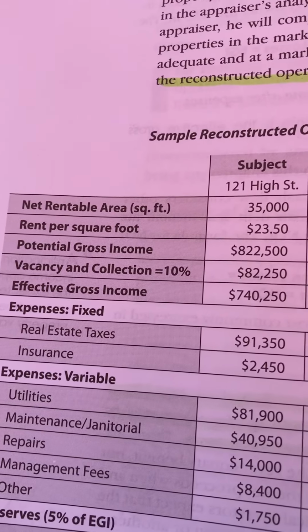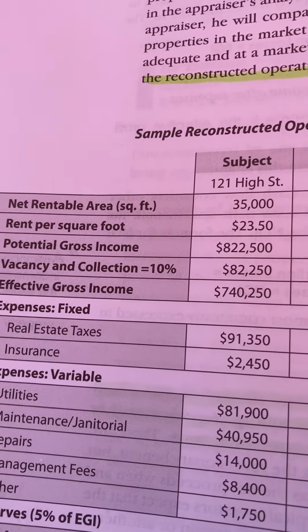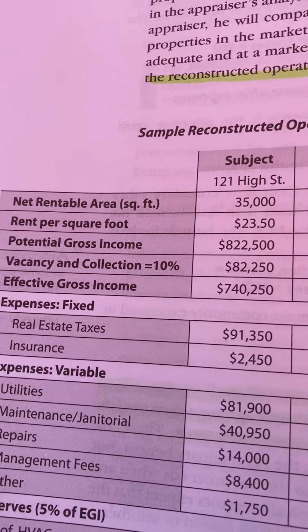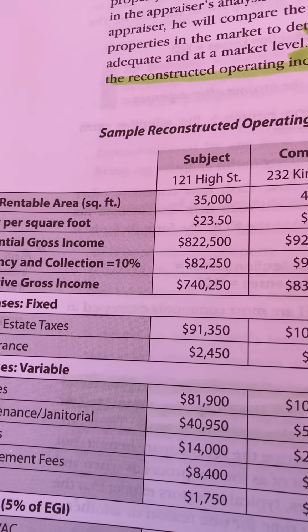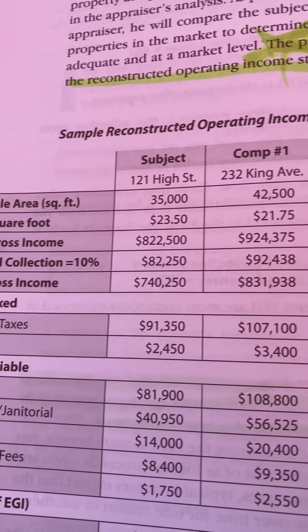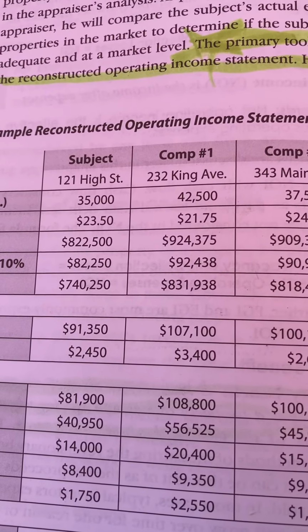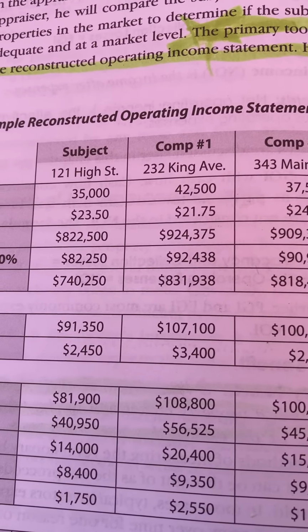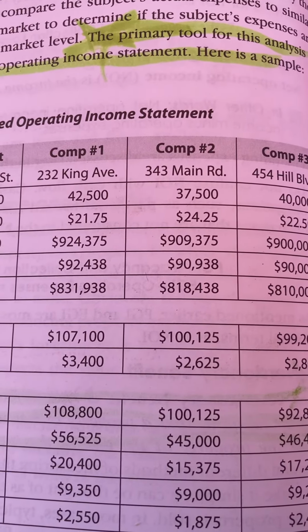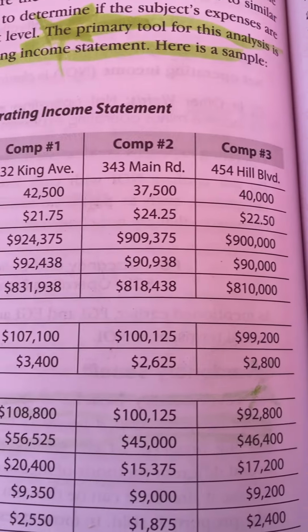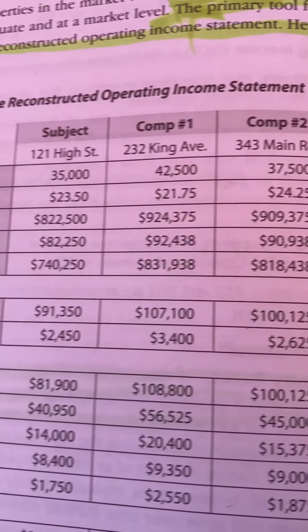The next line is going to be vacancy and collection equals 10%. Your subject is $82,250. Comp 1 is $92,438. Comp 2 is $90,938, and Comp 3 was $90,000.